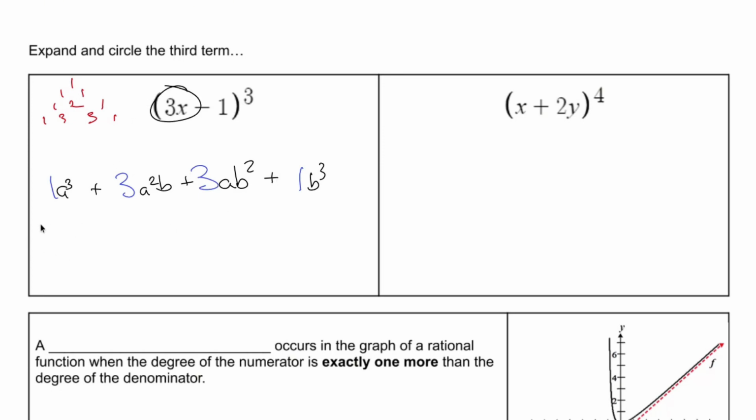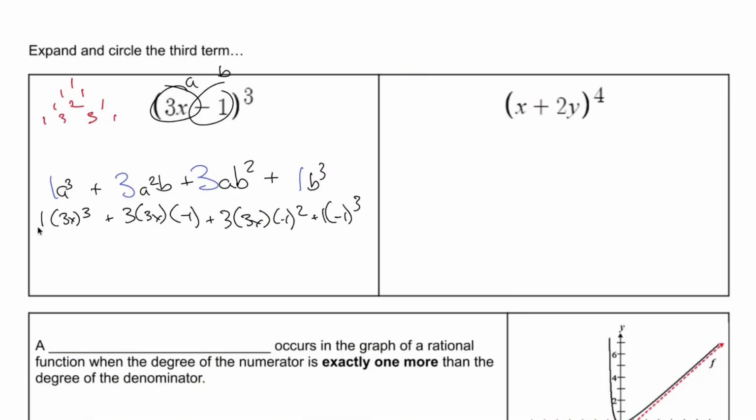A is 3x, so this will be 1 times 3x cubed, plus 3 times 3x times negative 1, which is my b, plus 3 times 3x times negative 1 squared, plus 1 times negative 1 cubed.